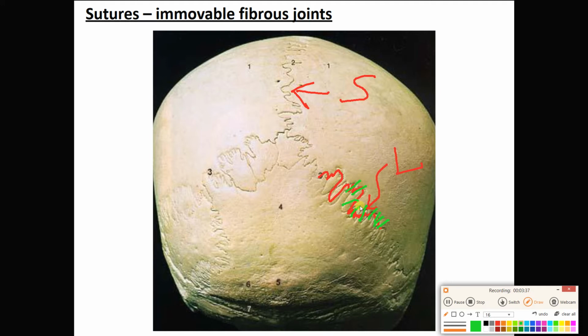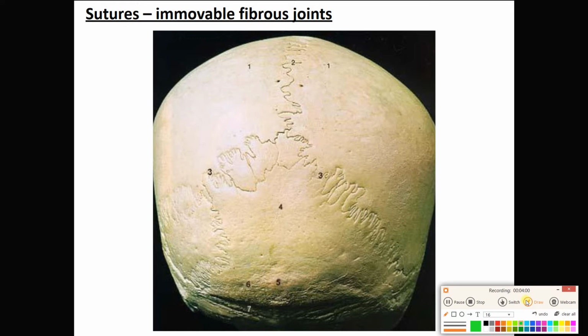This makes these joints really strong, and it totally limits their mobility. There is no mobility here, and we're sacrificing mobility for strength. And think about it. This is the cranium we're looking at here. What's the cranium protecting? It's protecting the brain, which I think you'll agree is pretty important.